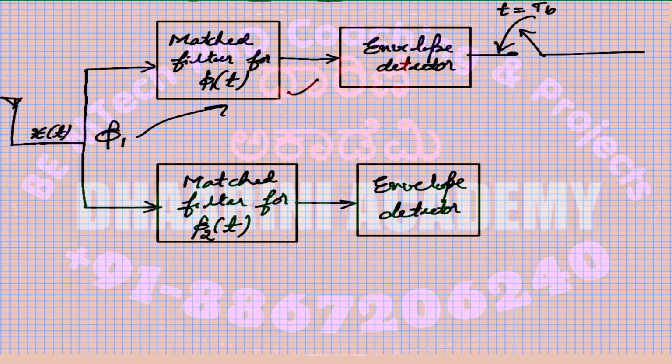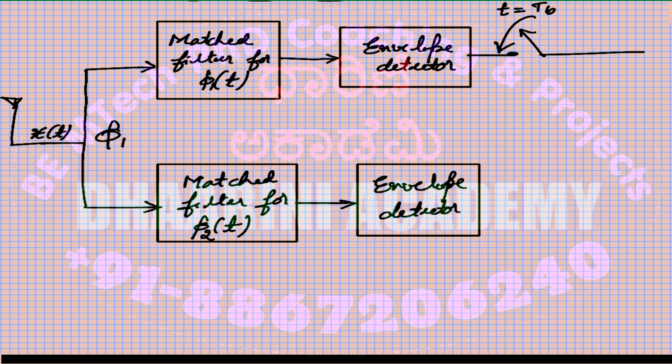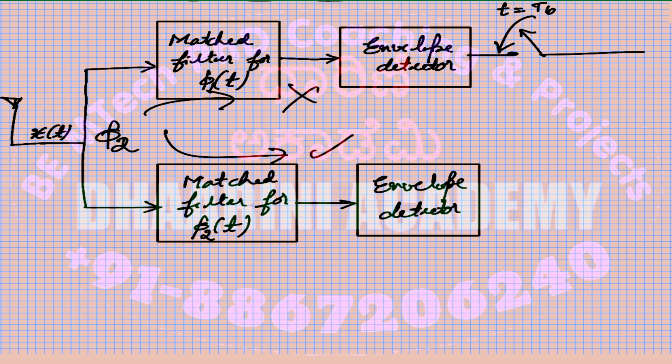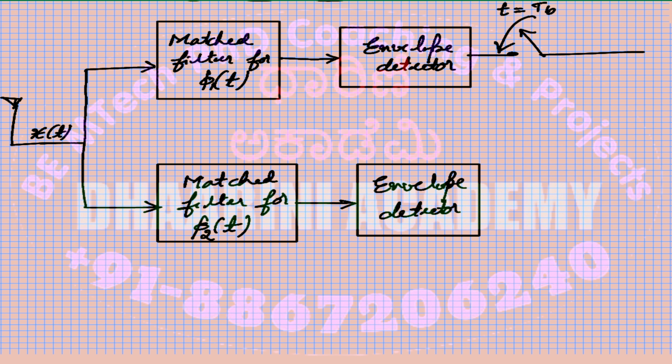So at the same time, if assume that the received component has a phi 2 over here, then only this will work, this produces, it will not pass through this, right? So is correct, correct. So the filter's response is matched to a specific phi 1 or phi 2. So the matched filter's output depends upon what has been received, all right?